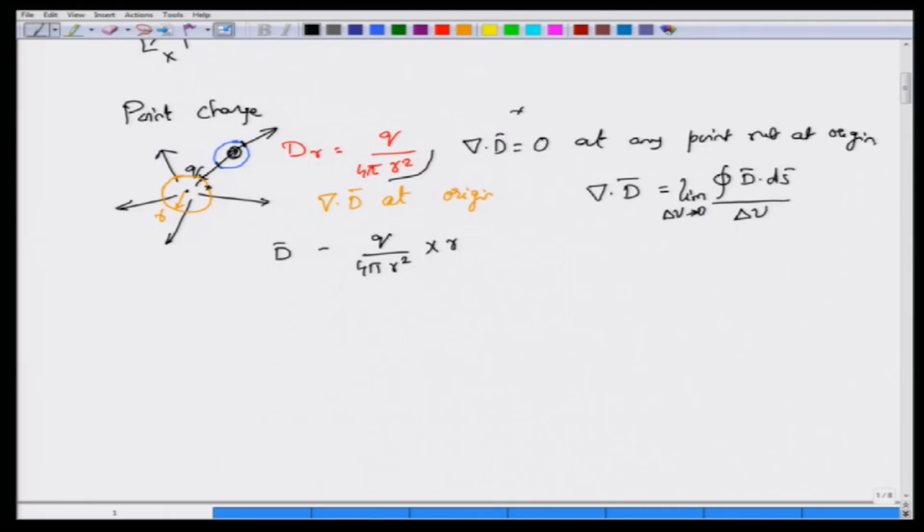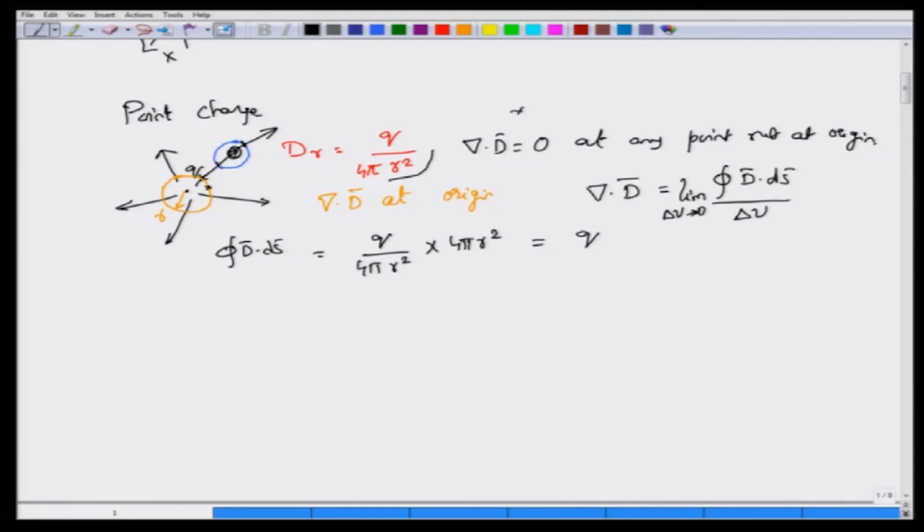So, when I do that, and I know that the surface area of a sphere of radius r is 4 pi r square, I see that this integral of D dot dS over the sphere of radius r will actually be equal to some constant, and this constant value is q, okay.